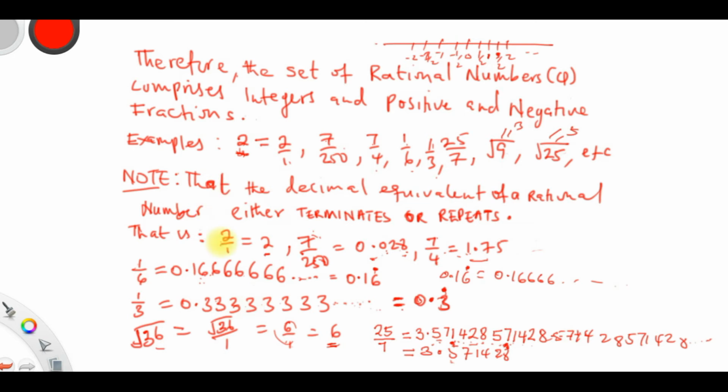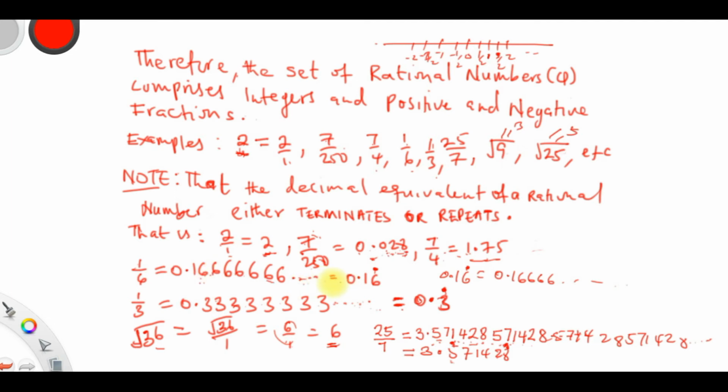So what do you notice? You notice that the decimal equivalent of some numbers terminates. This one, 2 over 1, has a decimal equivalent of just 2, which terminates or ends. Then 7 over 250 is 0.028, which terminates or ends. This one also terminates. But this one does not terminate. It keeps on repeating.